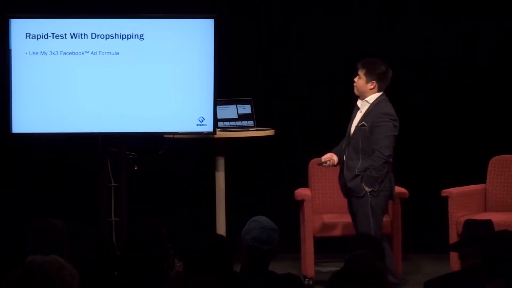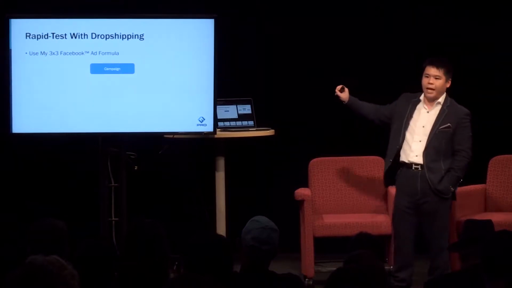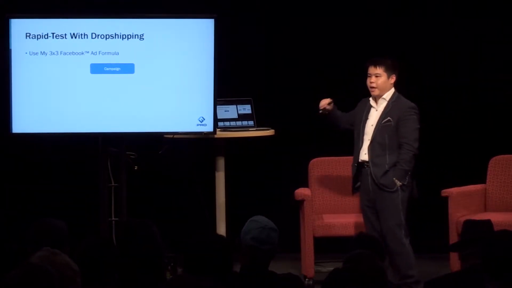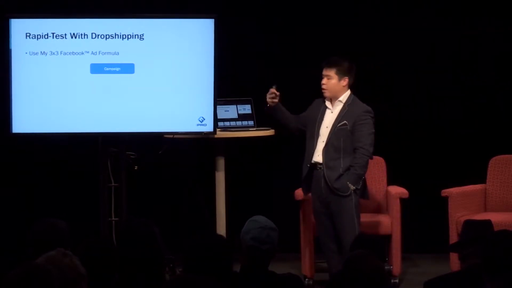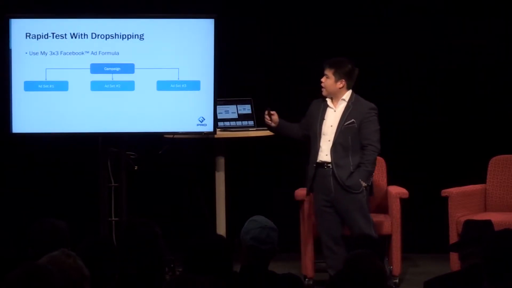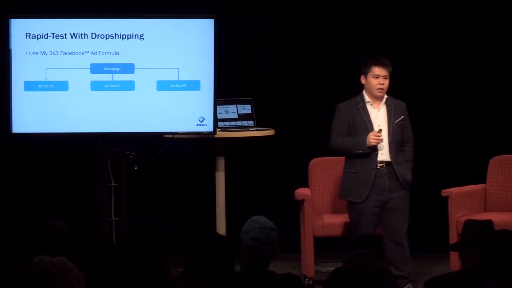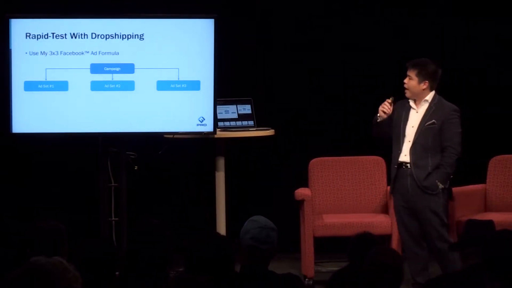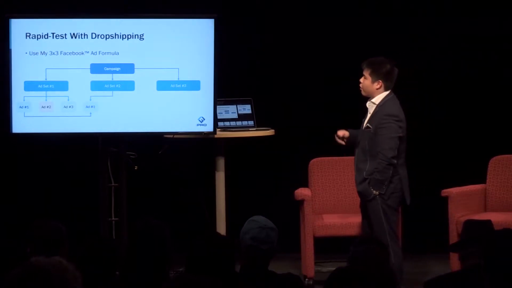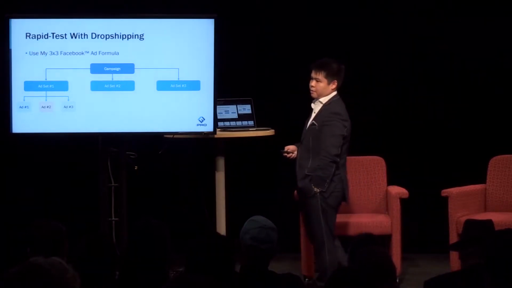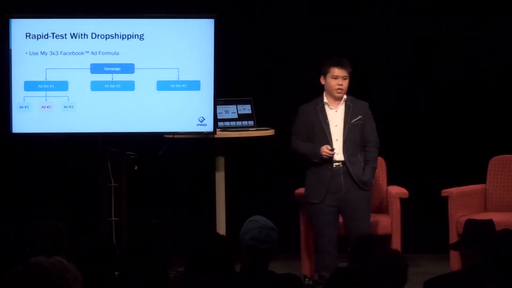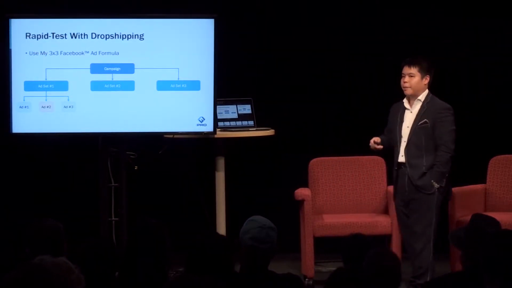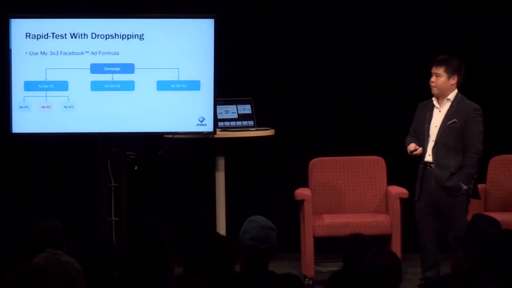So the 3x3 ad formula is that on the campaign level, this is your product. Your ultimate goal for the campaign is to sell one single product, whatever it is. Under this campaign, there are going to be 3 ad sets. Each of these ad sets is going after a different targeting, and under each ad set, there are 3 different ads with 3 different messages. When you're going through Facebook ads, you're going to create a post ID. We call this a dark post.